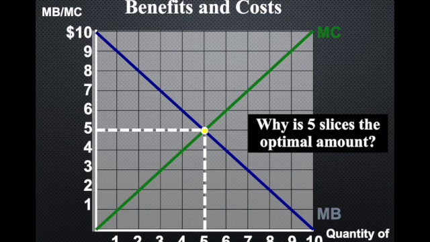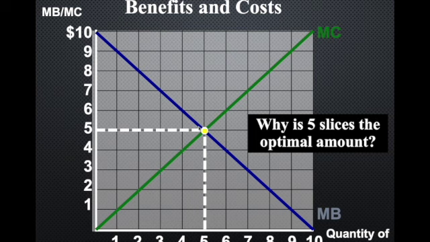But why is 5 slices the optimal amount? Well, that's because this is the point where things start to tip. If we were to buy an additional slice of pizza and go from 5 slices to 6 slices, well, here's where our cost exceeds our benefit, okay? And over here, our benefit still exceeds the cost.